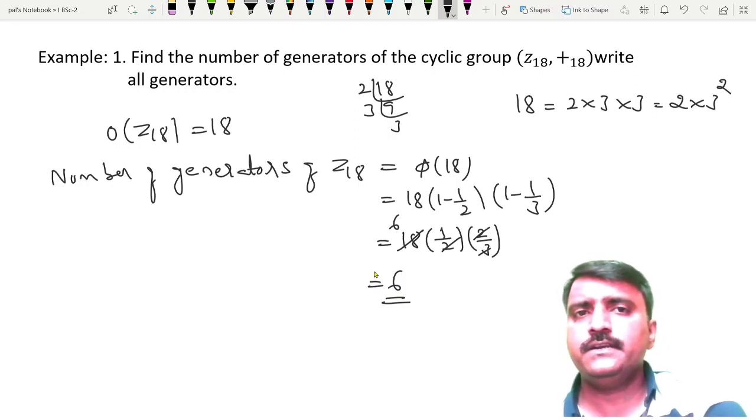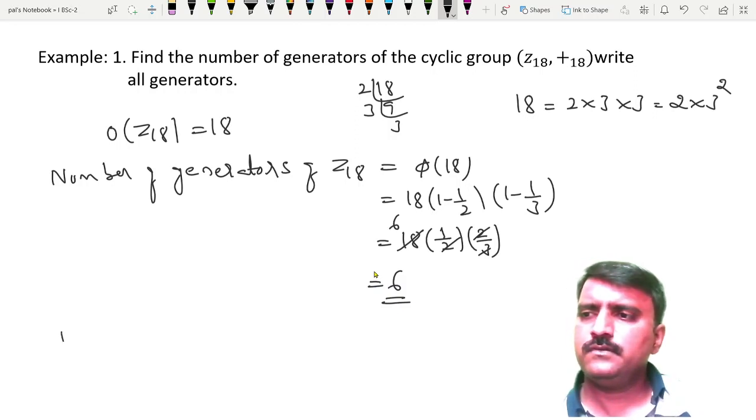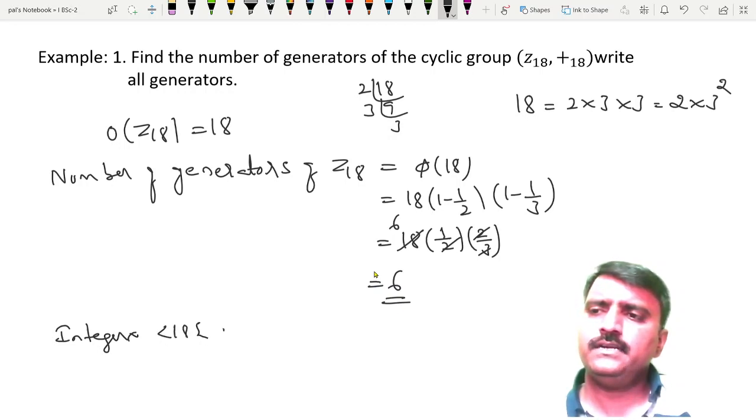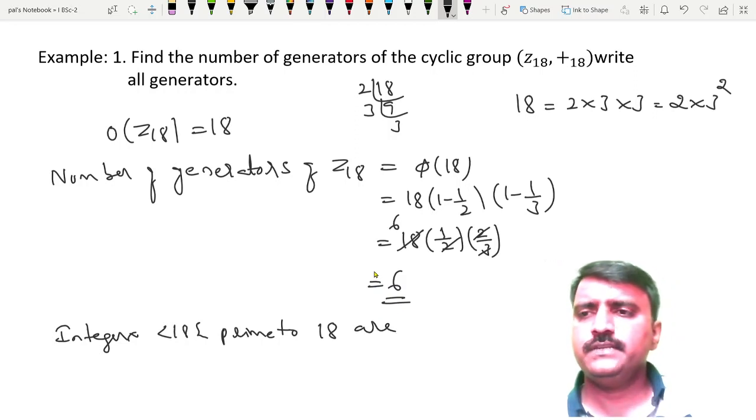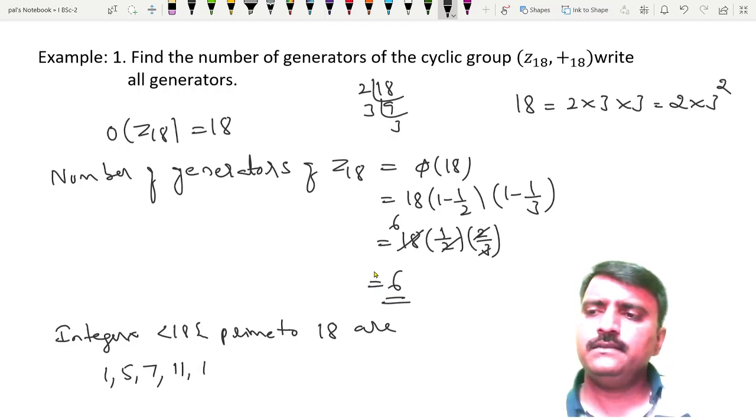So now we have to identify which are those generators. So the integers less than 18 and prime to 18 are, which are relatively prime to 18: 1 is relatively prime to 18, 5 is relatively prime to 18, 7 is relatively prime to 18, 11, 13, 17.